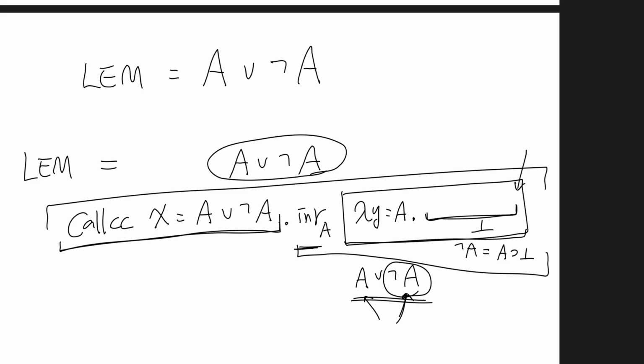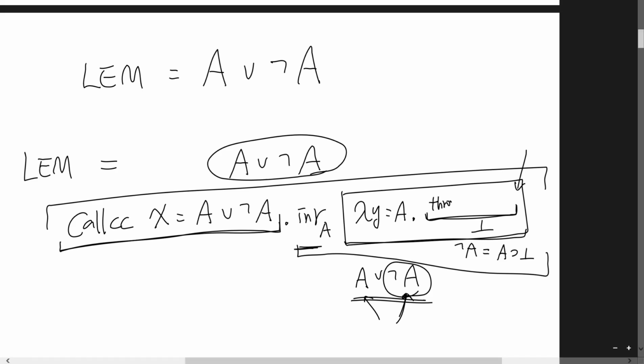So what we do is we throw this value y of type A to previous context x. Notice that when we reach this point, we have a value y of type A. So now I'd like to change my mind.